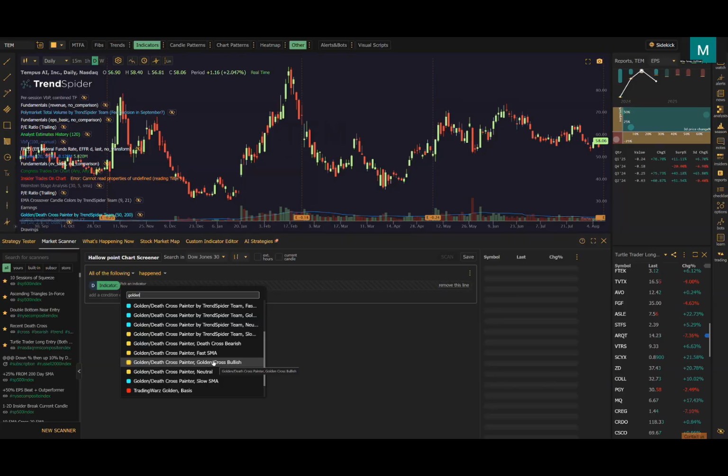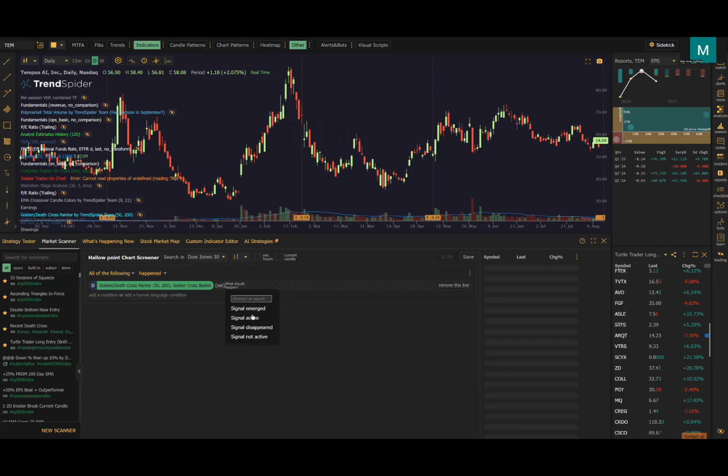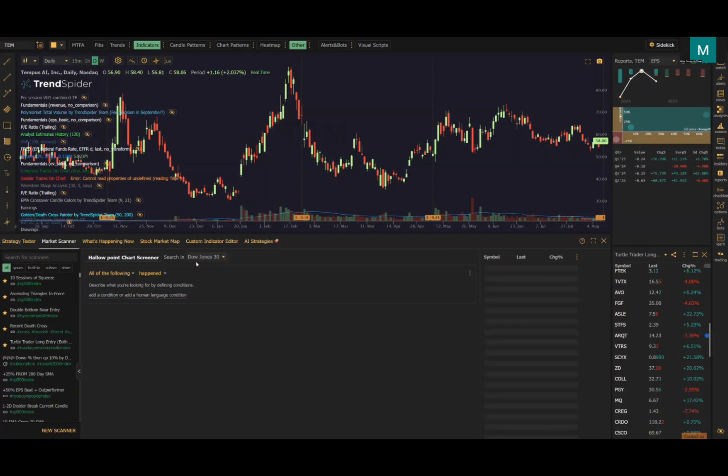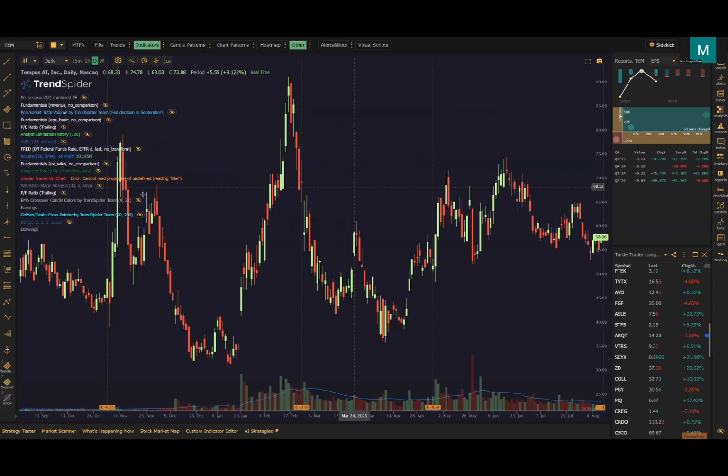So you don't even have to use two parameters where the 50 crosses over the 200 SMA. It's just already built in, and you can just do signal emerged very easily, and you can change the fast and slow SMA, from 50 to 200, which is the actual golden cross, to anything you want.